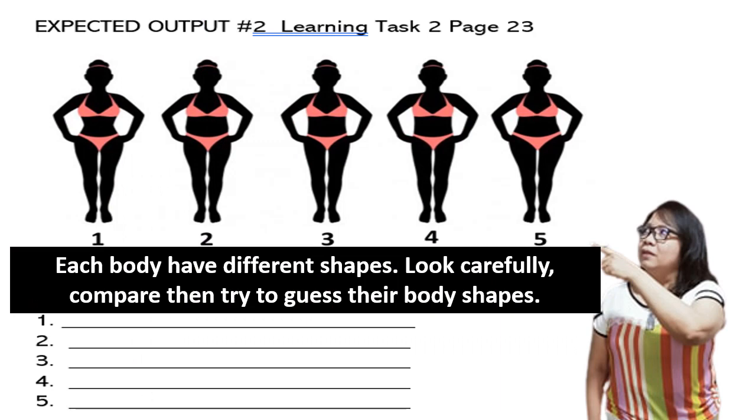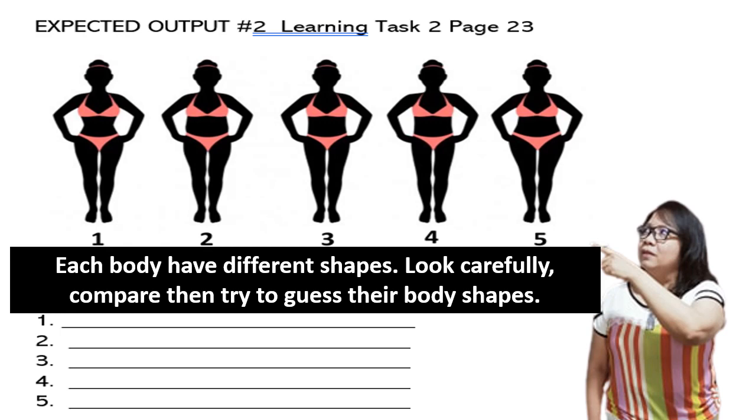All right, again, get your activity sheet or answer sheet. Look for expected output number 2, learning task number 2 that can be found in your learning module on page 23. According to the directions, each body has different shapes. Look carefully, compare, then try to guess their body shapes.